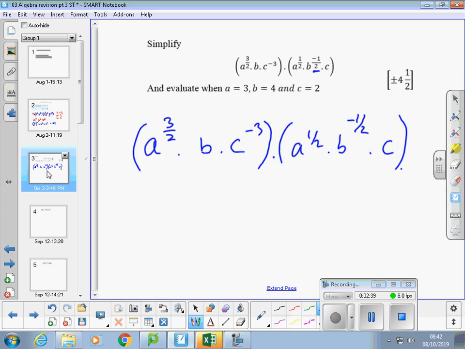And remember, we can only multiply things where we've got the same base. So we can multiply the two a terms together. So what do we get when we multiply a to the 3 over 2 times a to the half?